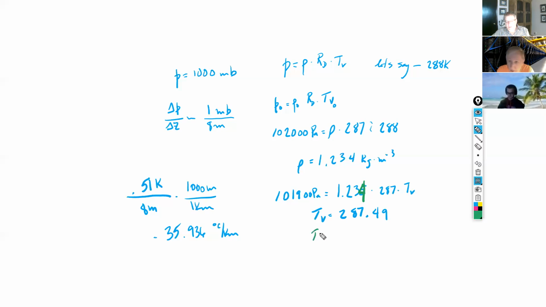So that becomes 287.72, which means 0.28 divided by 8 times 1,000 meters per kilometer. What do you get there? 35.